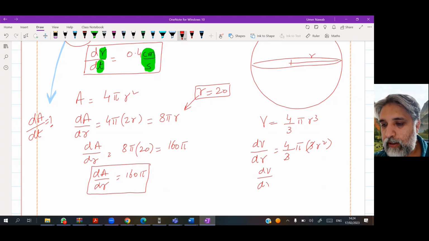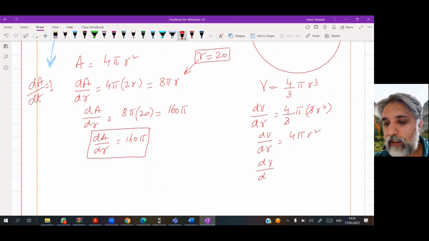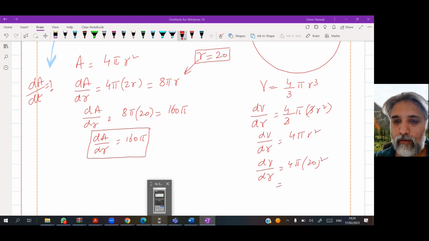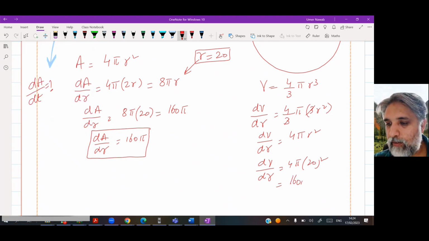So dV over dr is equal to 4 pi r squared. Substitute the radius here also. So dV over dr is 4 pi and 20 squared. It gives you what? 20 squared times 4. It gives you 1600 pi. So this is dV over dr.